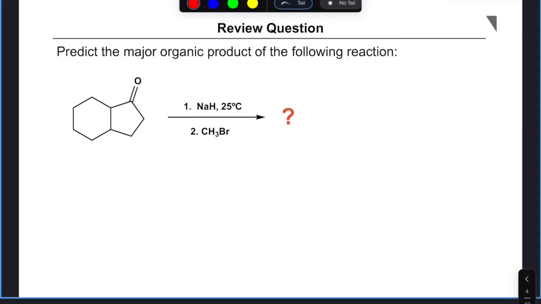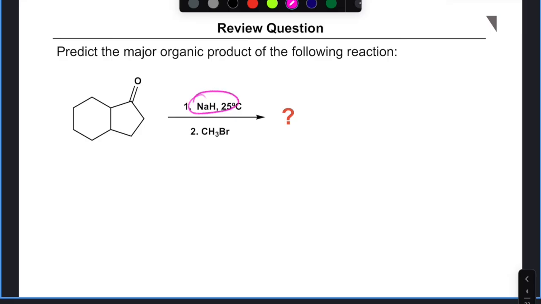Okay, let's work this out. All right, step one. What's the question asking you, in your own words? The question is asking you to predict the product, right? You've got reaction conditions, you've got a starting material. Notice these things have a role. Sodium hydride is what?